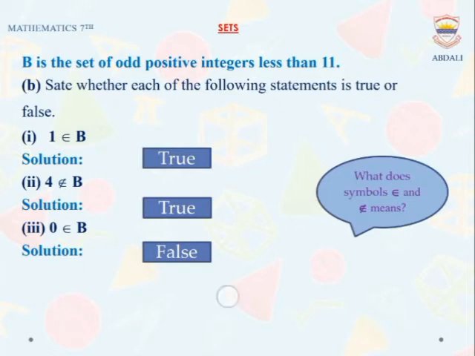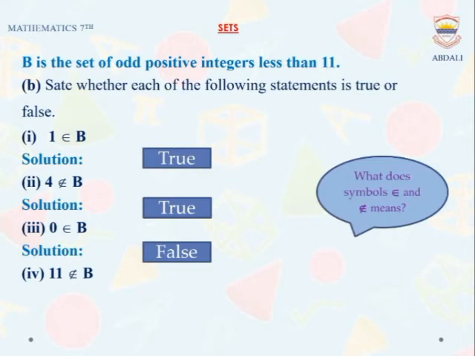Okay? And now the last part is 11 does not belong to B. Yes, it is an interesting one because they have told us to write all the odd positive numbers which are less than 11. 11 is an odd number, 11 is a positive integer, but it is not less than 11.